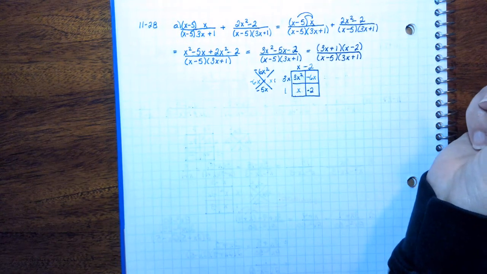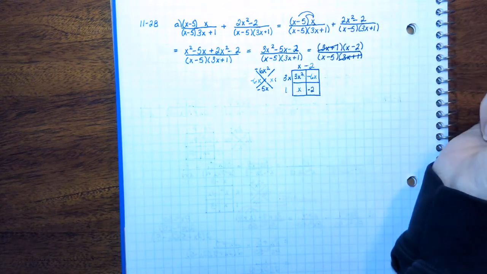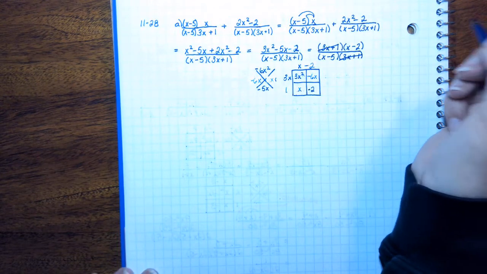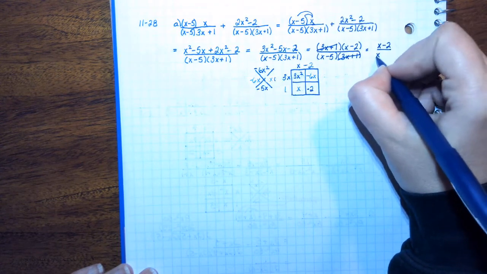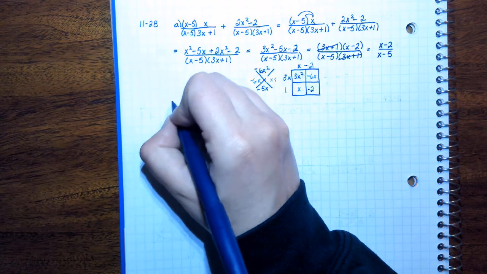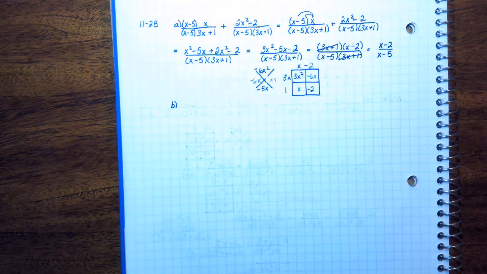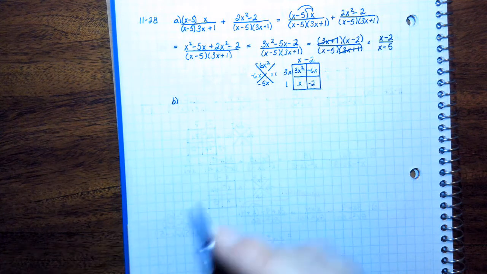Good to know that nothing's changed anyway. I'm still the same old person. Okay, so 3x plus 1's cancel, satisfying, and x minus 2 over x minus 5. Alright, now let's see if we can put that to use on B.